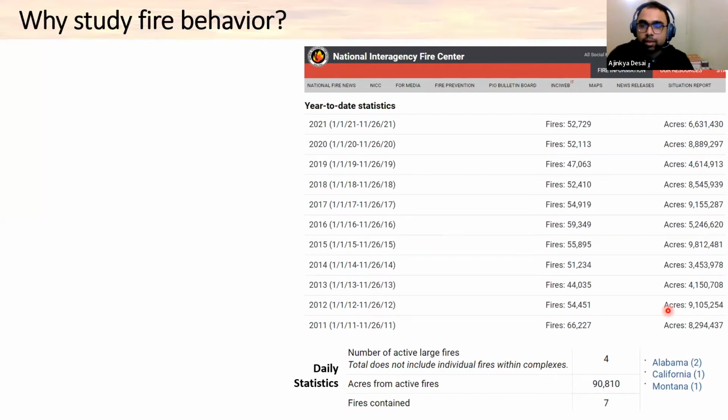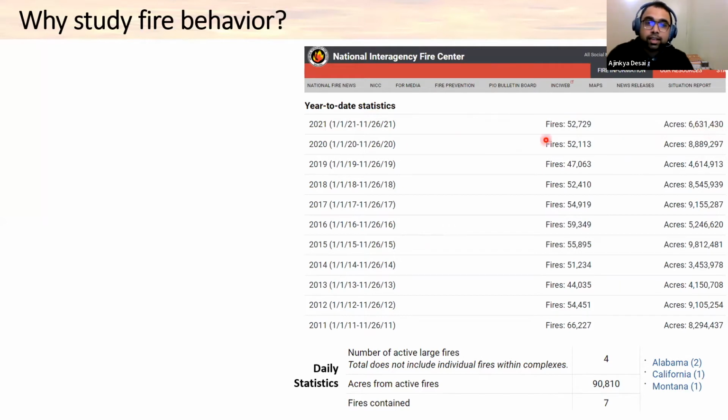You may already know this from reading the news or surfing the internet, but let me motivate why we should study fire behavior with the help of some statistics. If you look at the year-to-date statistics from a notable fire management center, in the year 2021, up to 26 November, there have been 52,000 fires in the United States alone, and 6 million acres of land have been burned.